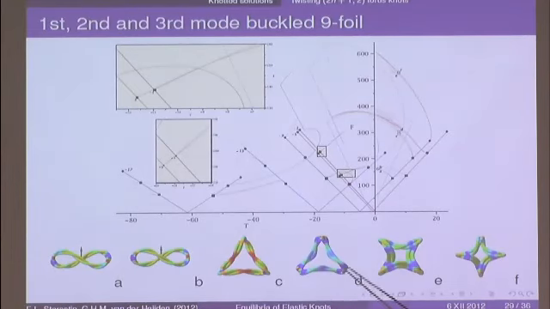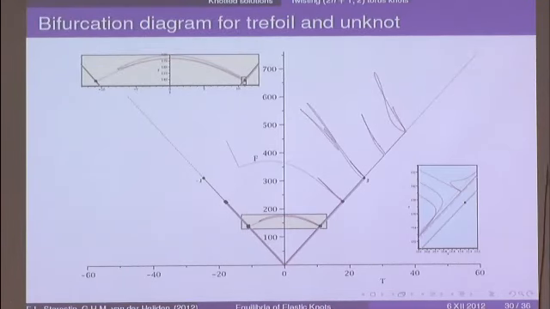So you see that the shapes differ, because it depends on the commensurability of the mode number and the given knot type. Okay, this is the last. This is the central part. It's more complicated actually. The transition between unknot and trefoil is rather complicated. I think I should stop here.